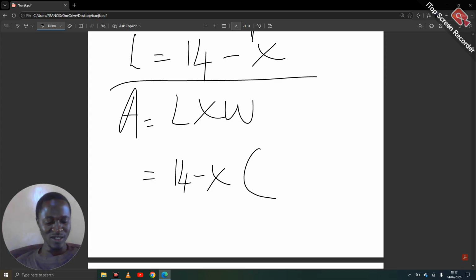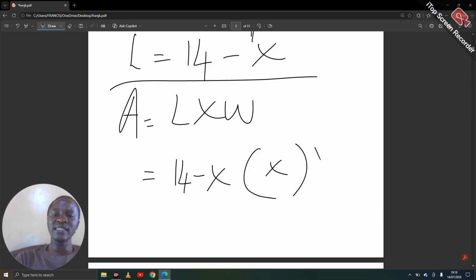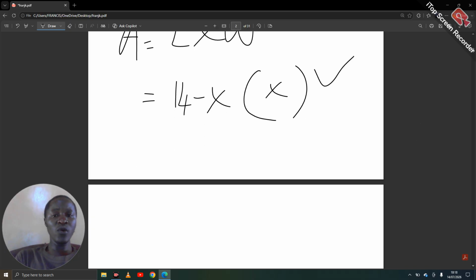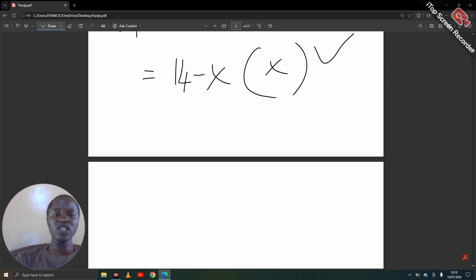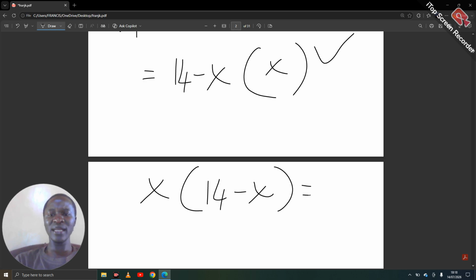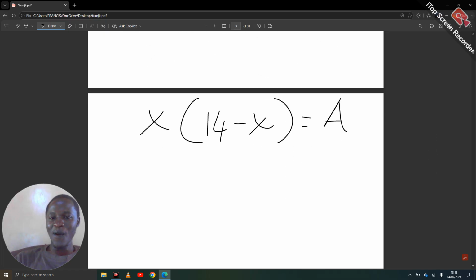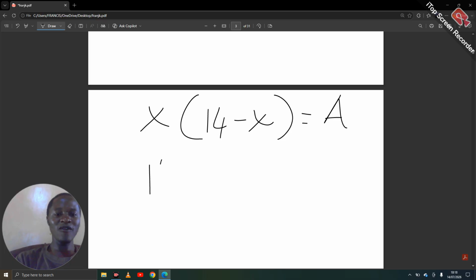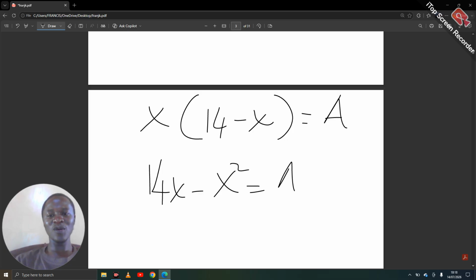Those are things that you must know. My width is x. So multiplying this is right, but if I were you, I would change it to x multiplied by 14 minus x. This one will be much better. Open the bracket. We have 14x minus x squared is equal to area.